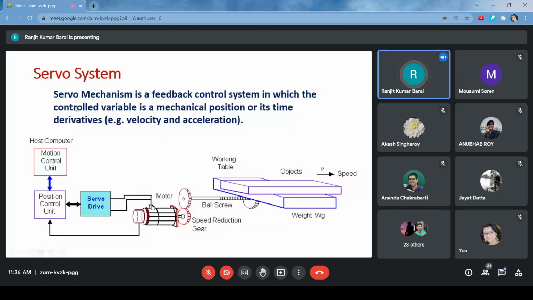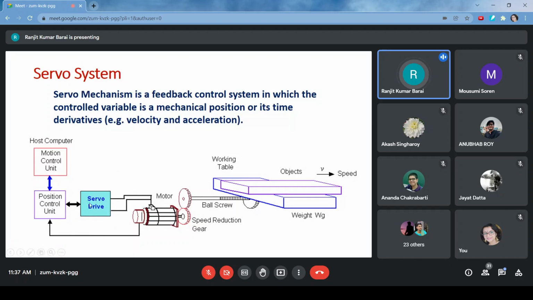There you give a position by means of some analog signal, or by computer in the form of a digital signal, a reference signal. It goes to the position control unit. Then there is a servo drive. The control unit generates the necessary control signal to drive the servo system.